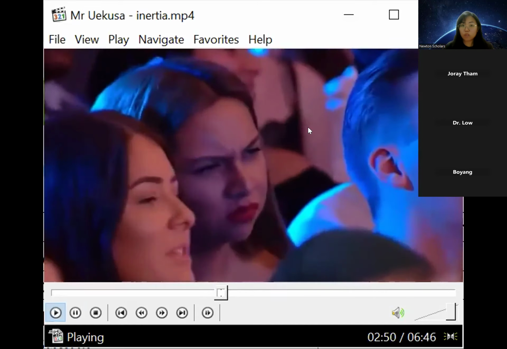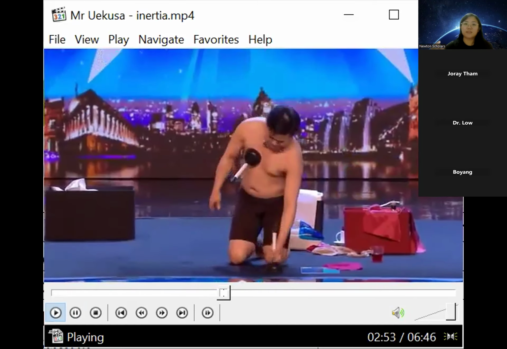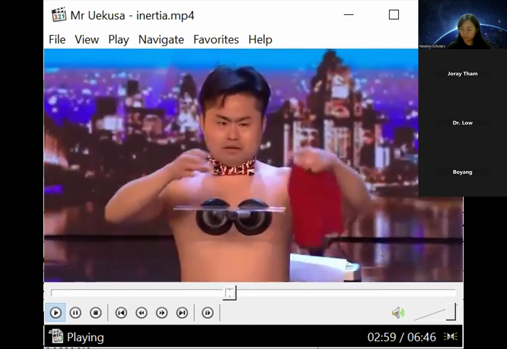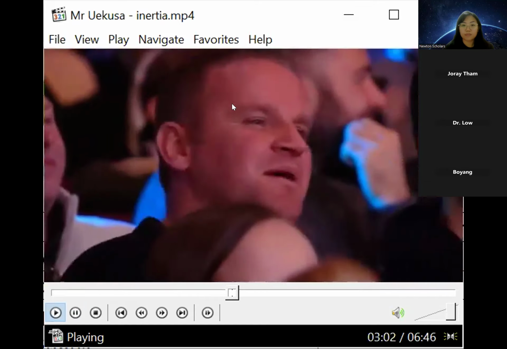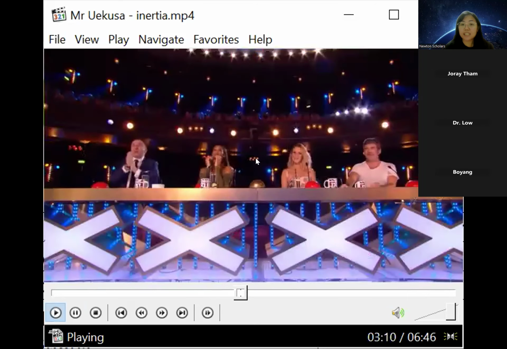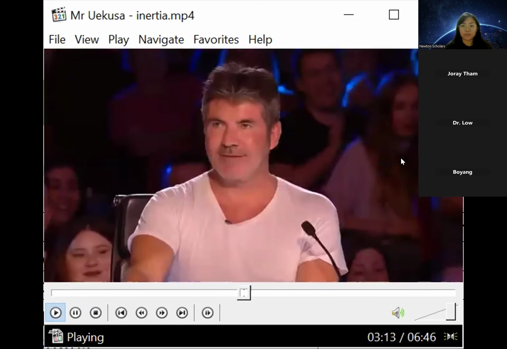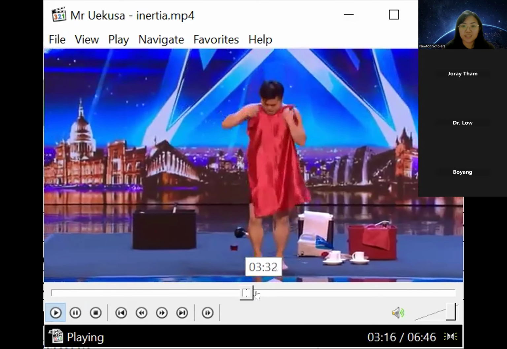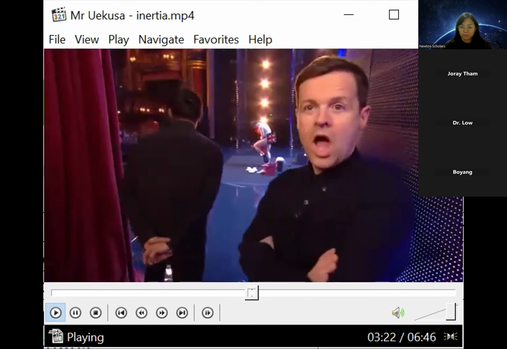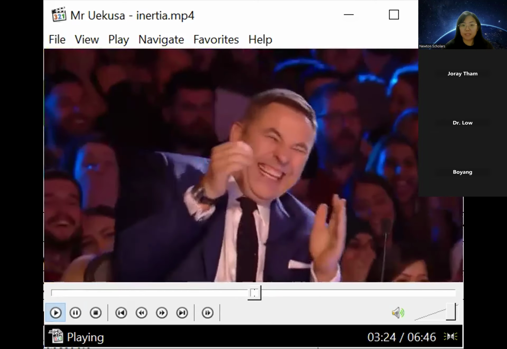An object at rest will try to keep at rest. So this one, inertia, it tries to stay at the current state. It doesn't want to change. I didn't play the sound because now I'm using my computer.